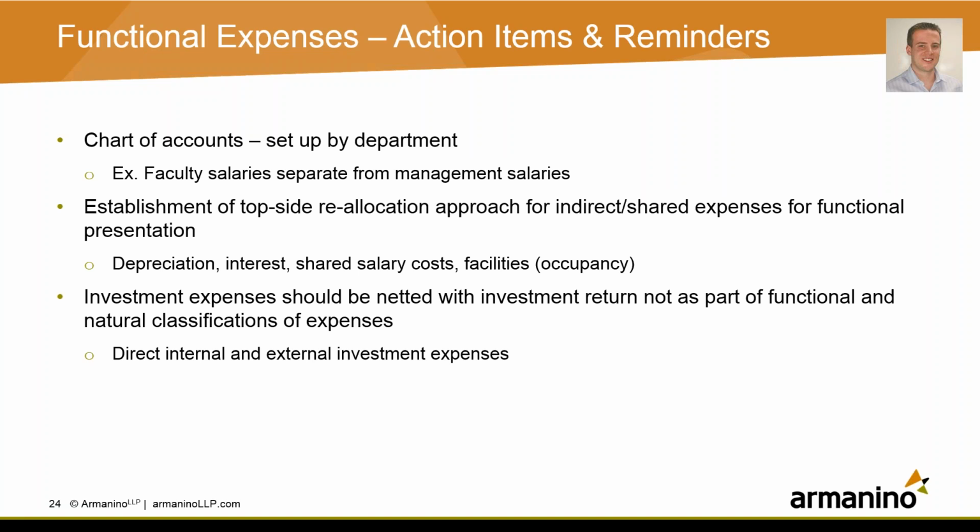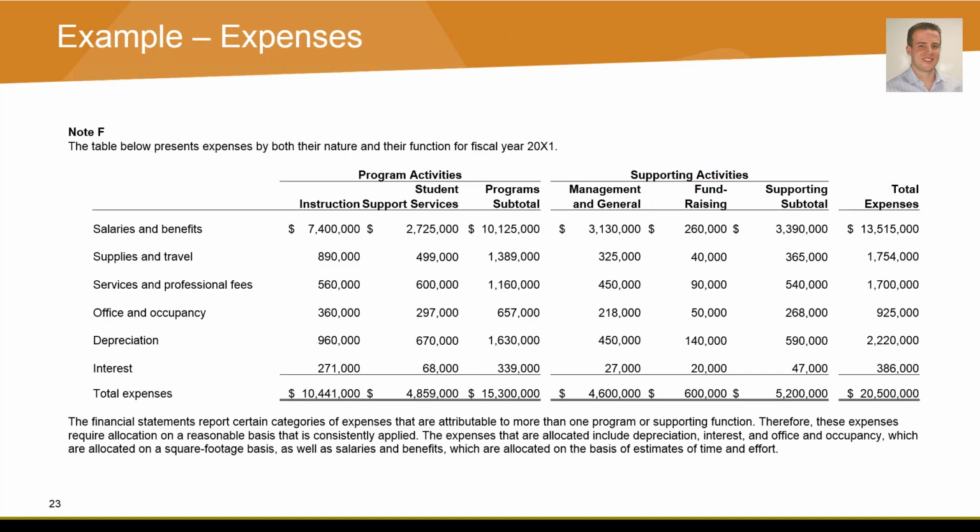So can you go back one more real quick? And then the last thing I want to comment on is at the bottom of this example, you see a little paragraph there, and this talks about how this particular school allocates their functional expenses. So as you know, your depreciation, your interest, your facility costs will be allocated between program and supporting activities. There is a requirement to list that you've done this, and a new requirement is that you actually indicate how you allocated them.